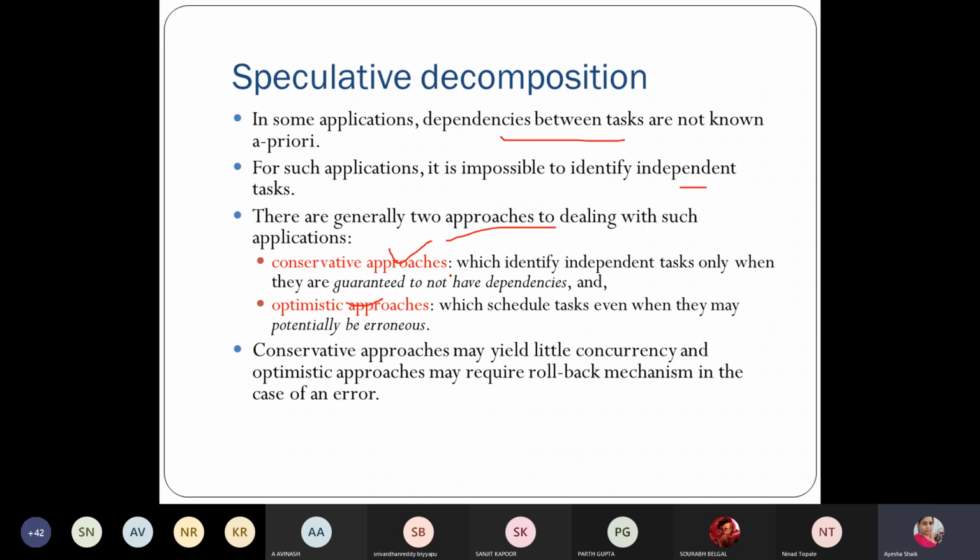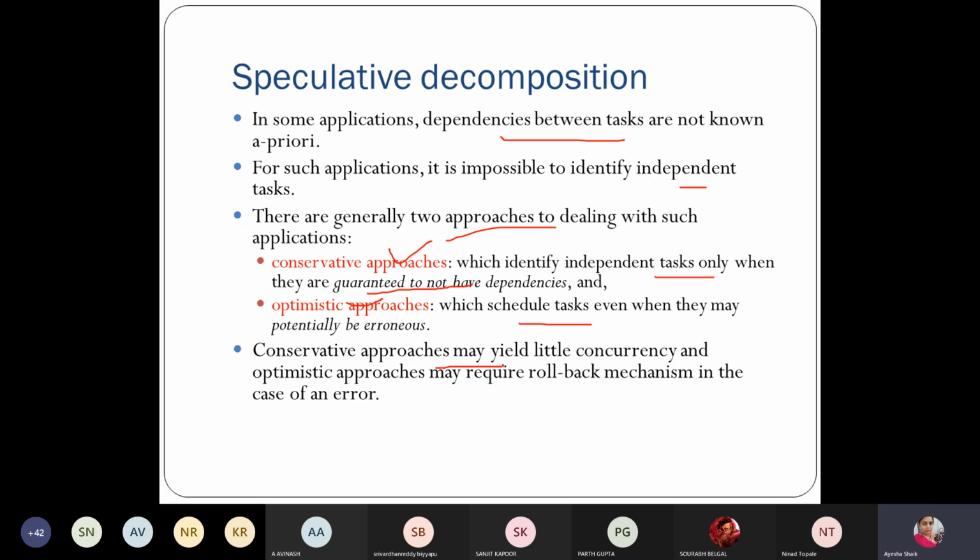The conservative approach identifies independent tasks only when they are guaranteed to not have dependencies. The optimistic approach schedules the task even when there is a potentially erroneous result. Even when the tasks are erroneous, it will still schedule them. So these are the two approaches we follow when there is no independent task.